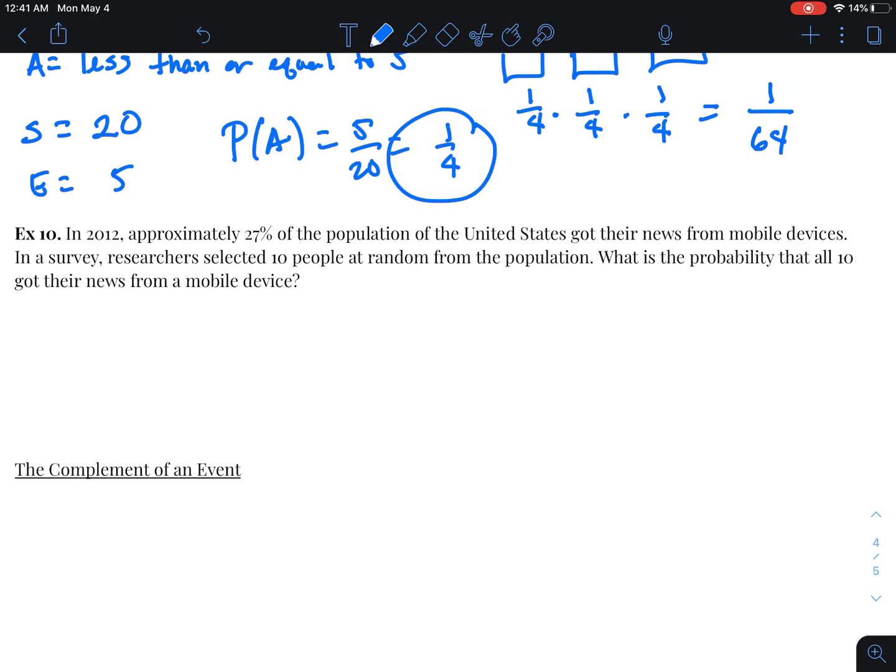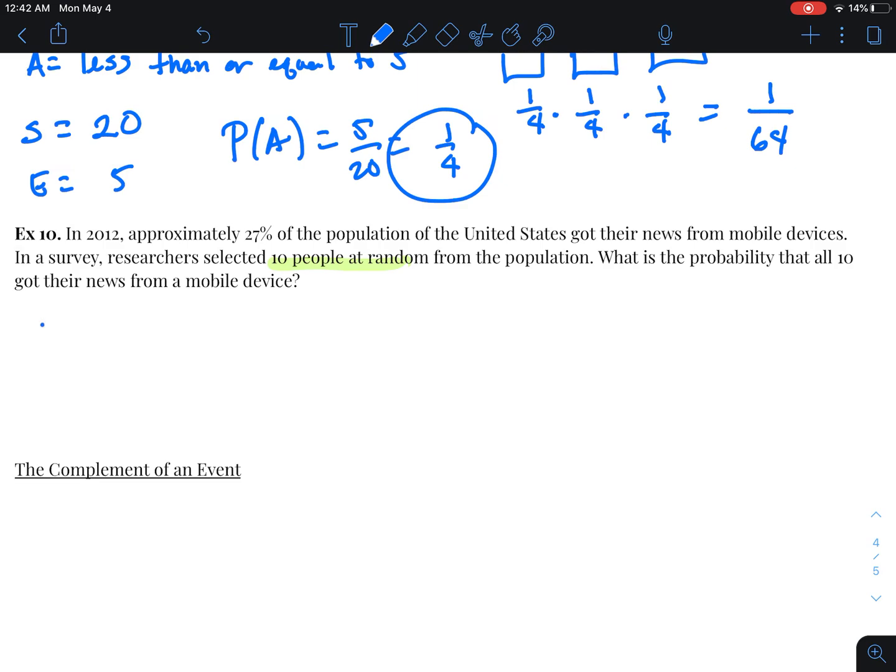All right, in 2012, approximately 27% of the population of the United States got their news from mobile devices. In a survey, researchers selected 10 people at random from the population. What is the probability that all 10 got their news from a mobile device? All right, so we have 10 people chosen at random.